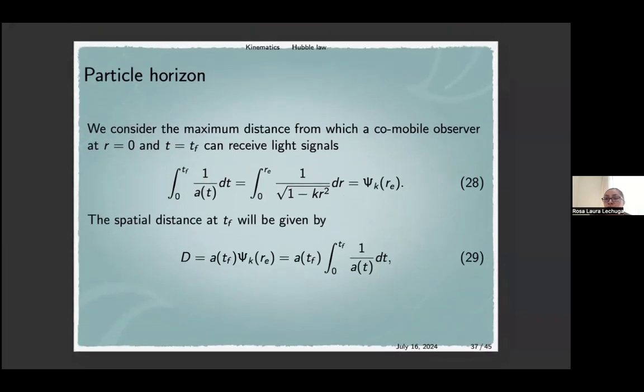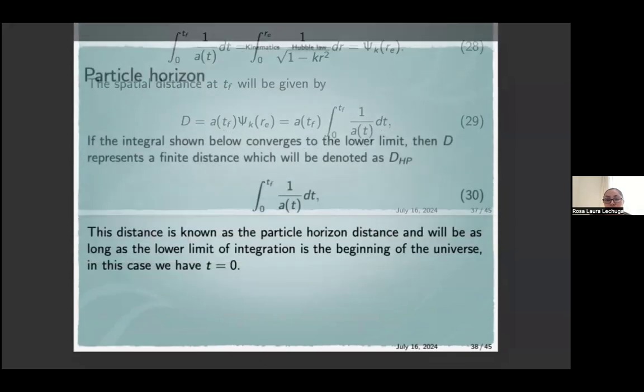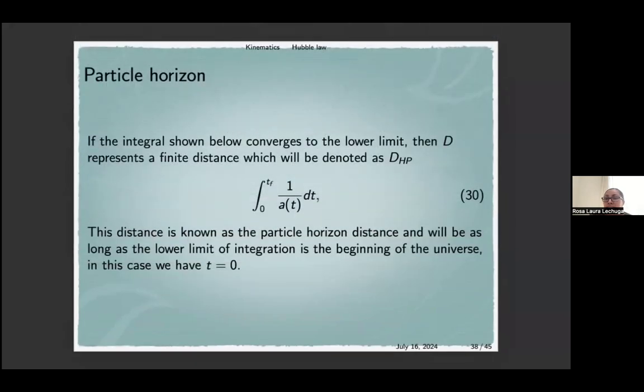Sorry? I didn't hear. Could you repeat? Okay, it seems there was no question. Okay, so the distance is known as a particle horizon if the integral converges at the lower limit.